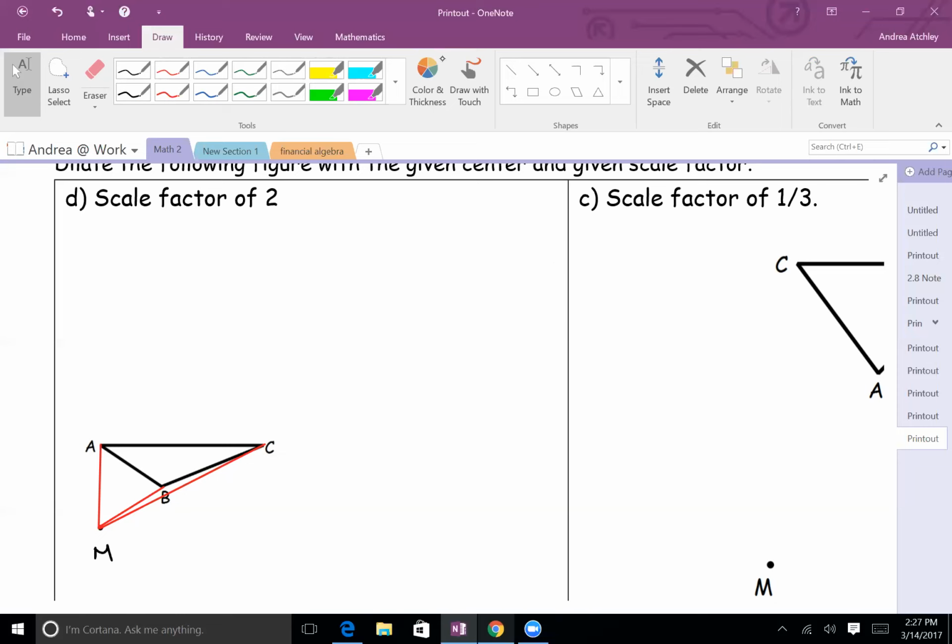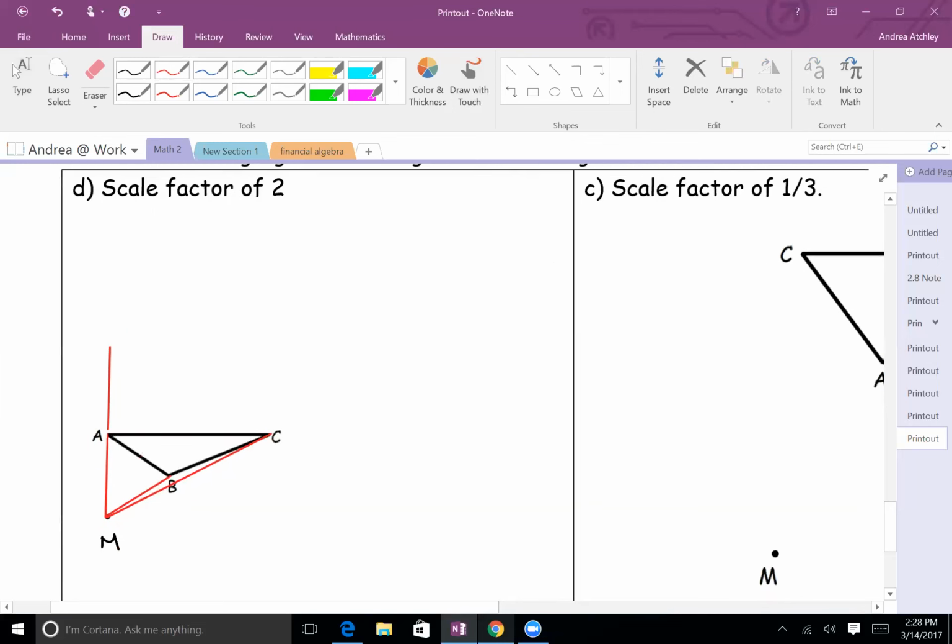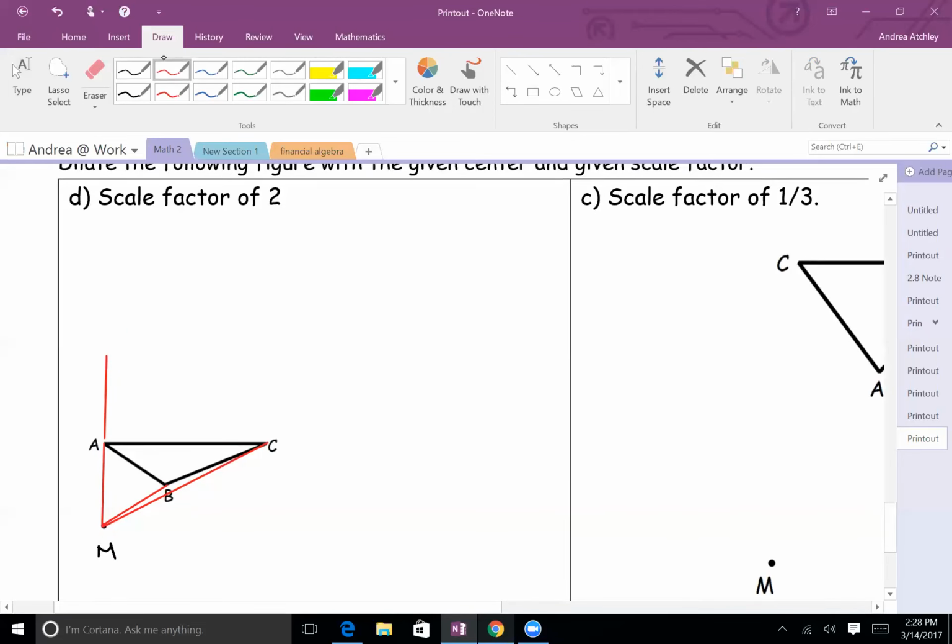You'll see, don't worry, don't stress. Okay, so I'm gonna draw that line again from M to A. And I'm just going to add it on because I want it twice as long. And that's going to be A prime. Any questions over that?